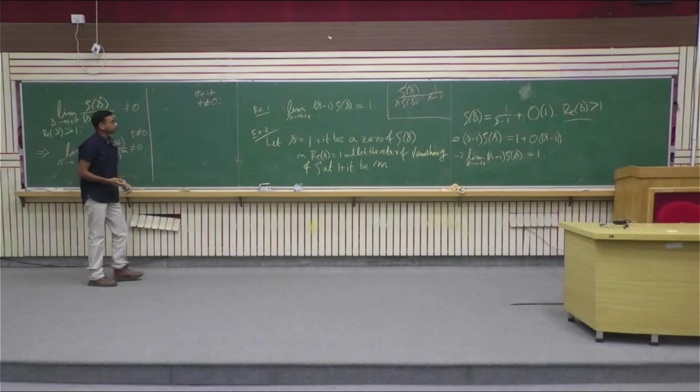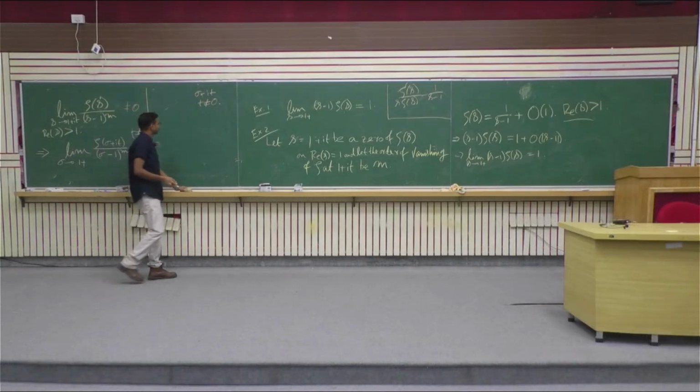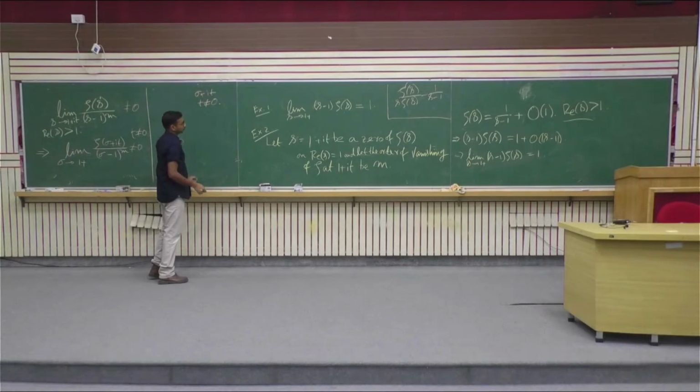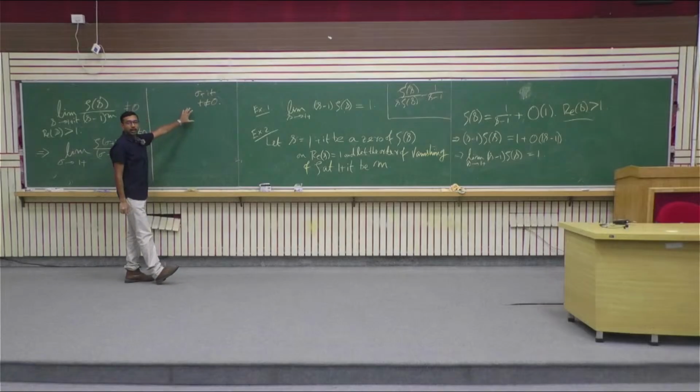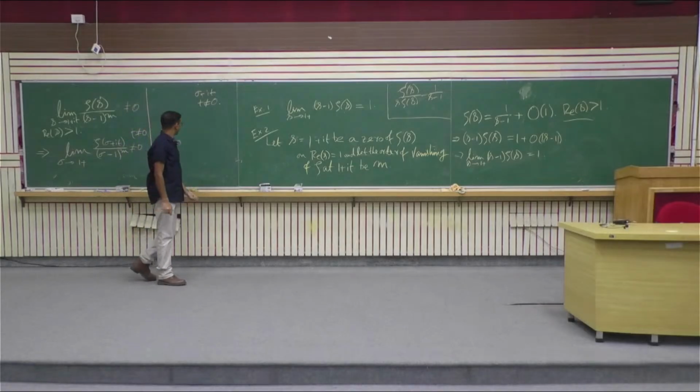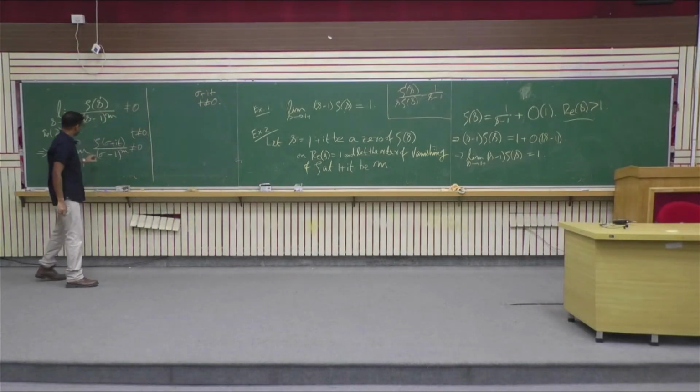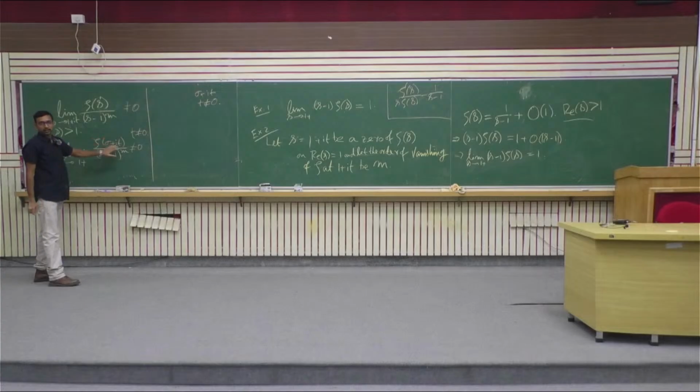Okay, and we are going to show that the zeta function is not going to have a 0 at any of these points. So what we are doing, we are assuming that it has a 0 at such a point, and we are trying to find a contradiction.